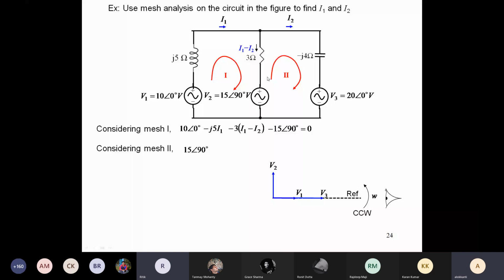And then minus of minus 4j I2, because there is a voltage drop. And then in V3, what is happening? Minus 20 angle minus 20. Okay, so now you solve these equations.